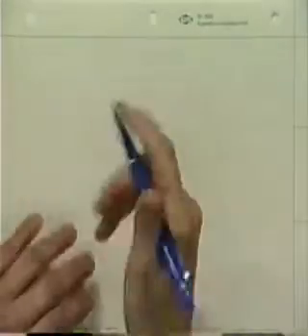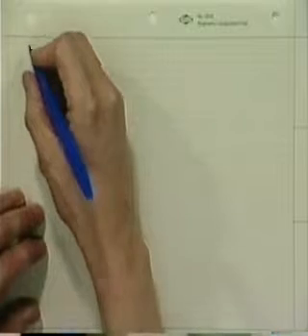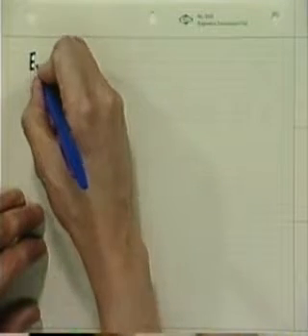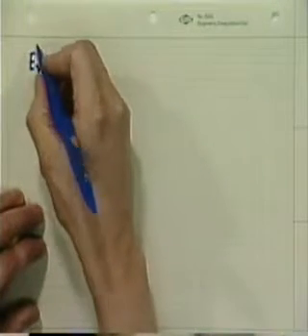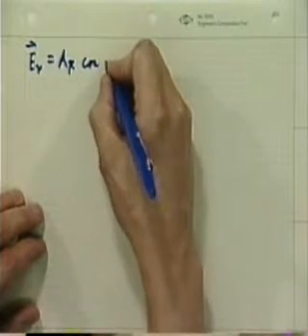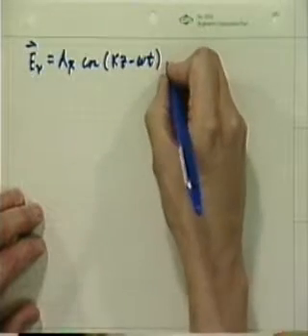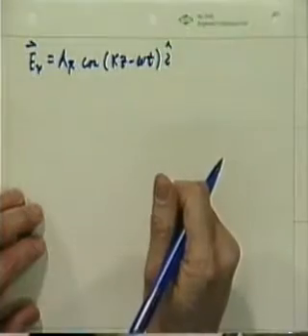Anyway, we're talking about the Stokes parameters, and let's go back and look at them more carefully now. First, let's write down a couple of equations for elliptical polarization. We said E sub x is some A sub x cosine of kz minus omega t in the x direction.